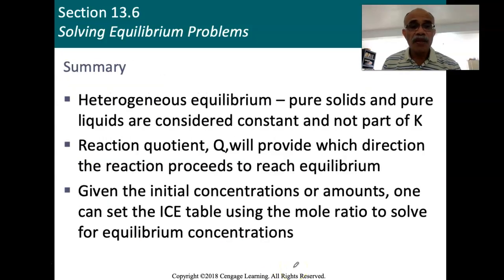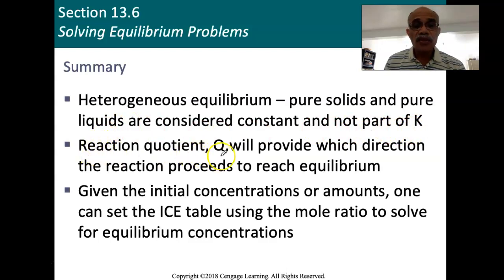So that brings me to the conclusion of part 2 of the lecture. Let me just summarize. We've covered the heterogeneous aspect of equilibrium, and in heterogeneous equilibria, pure solids and pure liquids are not part of the equilibrium constant. They are considered constant, so they do not appear in the equilibrium expression.